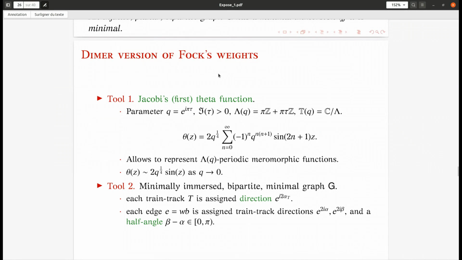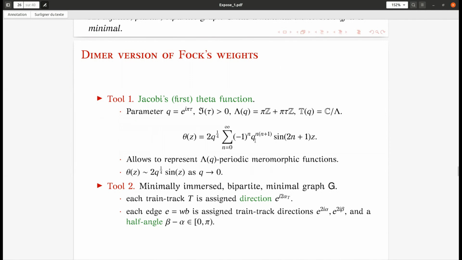So you need a few tools to define these weights. The first tool is Jacobi's first theta function. Probably for many of you physicists it's a classical object; maybe for some of you it's not so much.